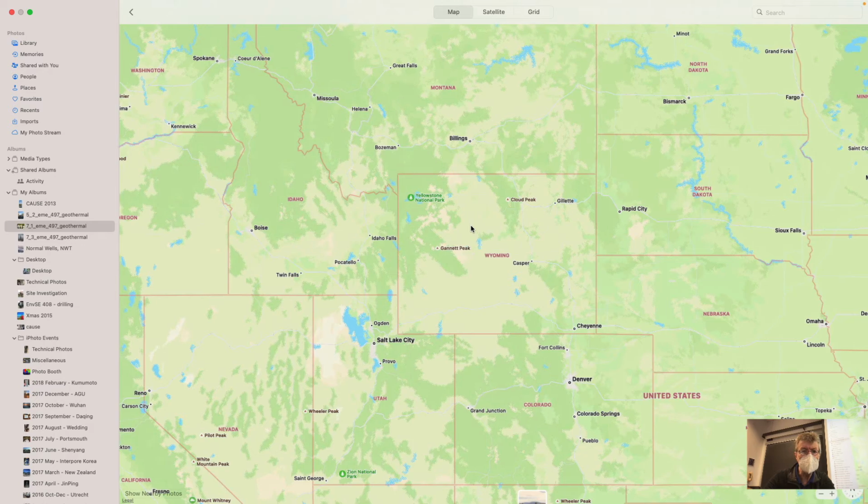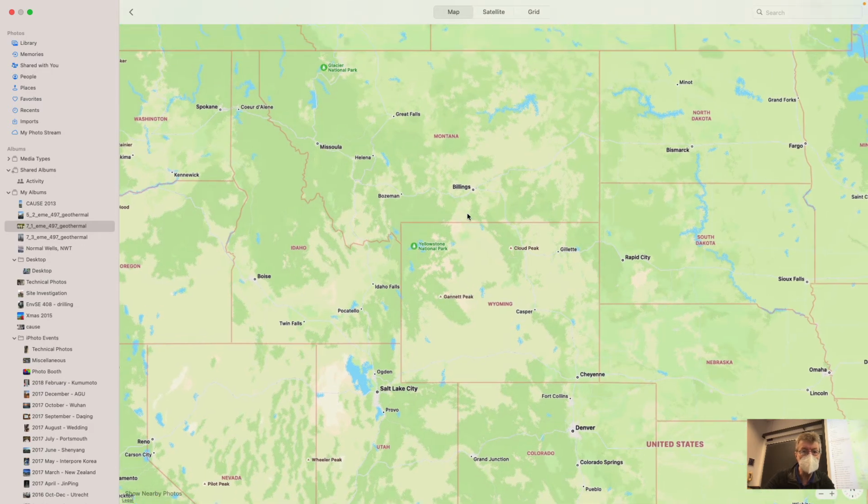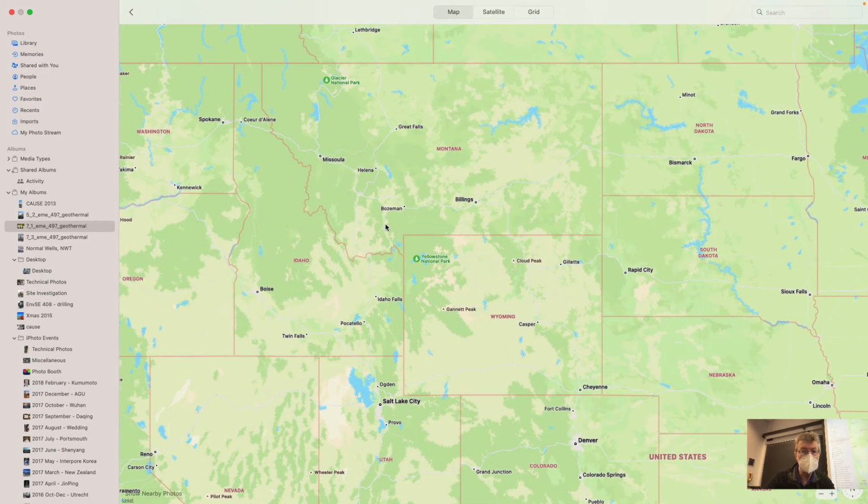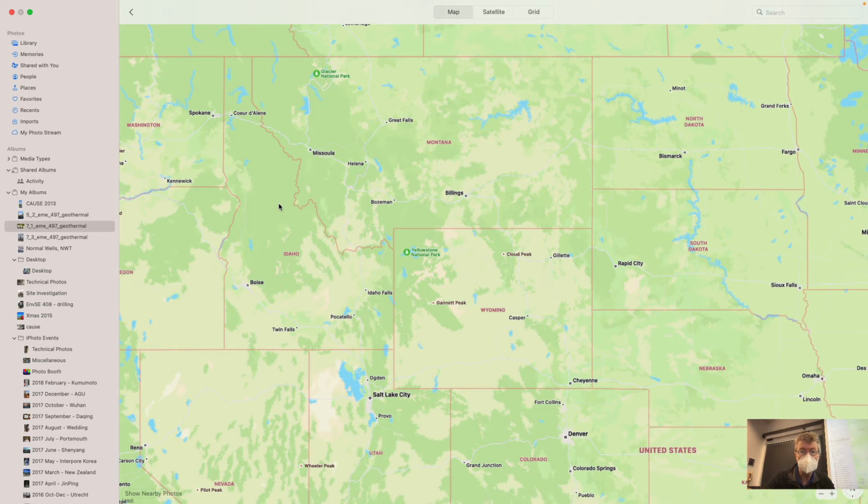And you guys would know where Yellowstone is. It's on the Tetons, right? Where's Yellowstone? Up here somewhere? Idaho Falls. Next to the Tetons, right? So close to Jackson, Wyoming.